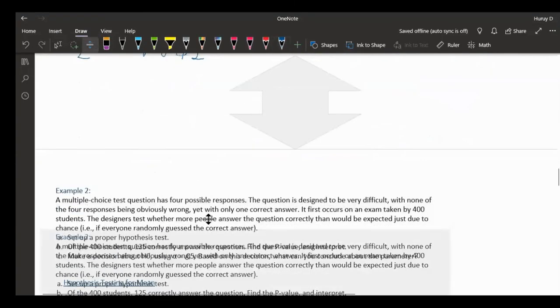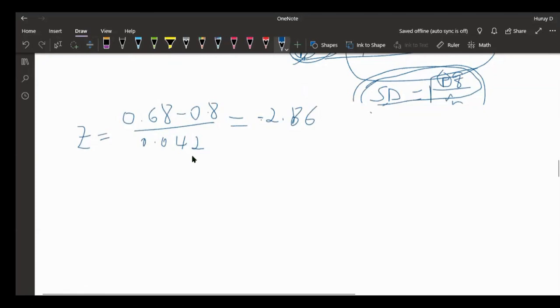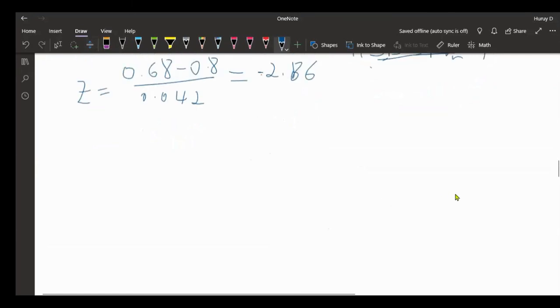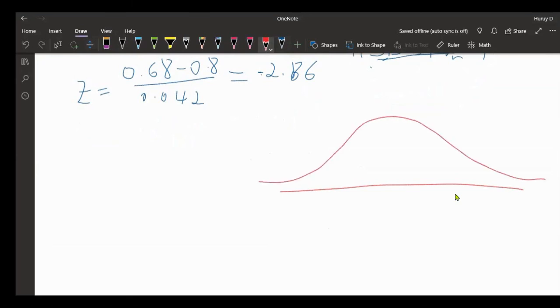Remember, this z is a normal model. Suppose we have this curve, because we know it's normal, so I can just draw that one.